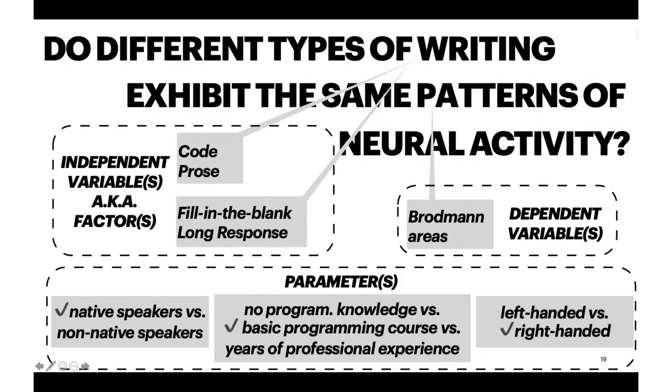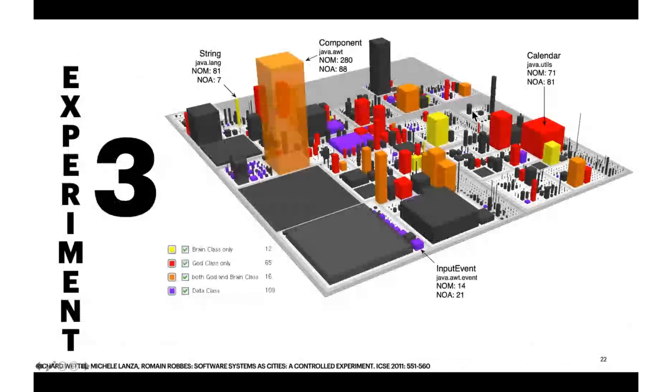Okay, the third experiment. This image is a visualization of a software system. This visualization technique is known as code city. You see here several blocks, several buildings. The size of those blocks, size of those buildings is determined by variables associated with the source code.